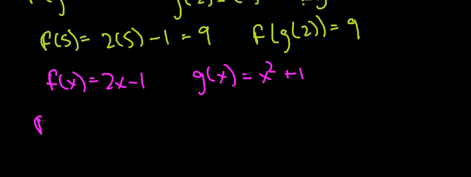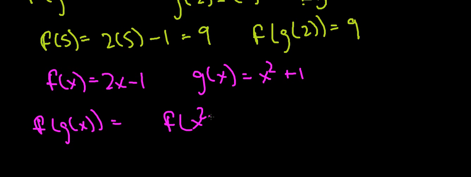If we want to know f of g of x, instead of solving for a numerical value, we can plug in our g of x for x in f of x. So this is the same as saying f of x squared plus 1. It'll give us the same answer.